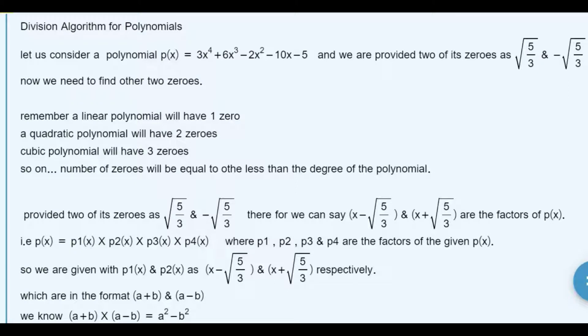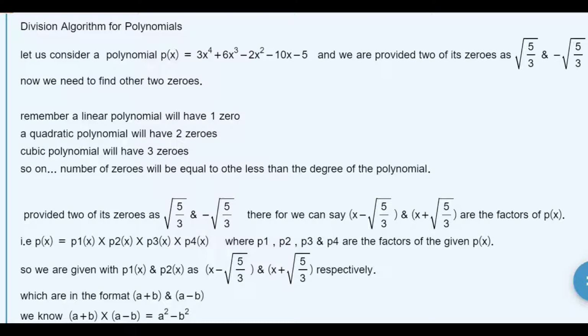Just a refresher: a linear polynomial will have one zero, a quadratic polynomial with degree 2 will have two zeros, a cubic polynomial will have three zeros, and so on. So usually the degree of the polynomial will be equal to or greater than the number of zeros, or in general terms, the number of zeros will always be lesser than or equal to the degree of the polynomial.